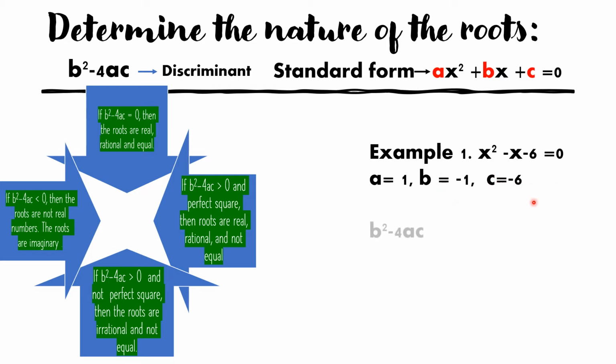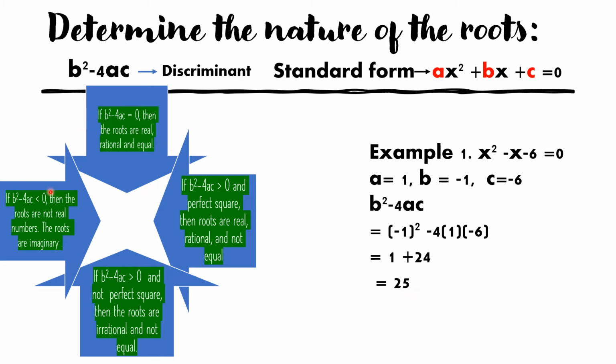Then substitute that in the discriminant, b squared minus 4ac. So for b, that is negative 1 squared minus 4, a is 1, and c is negative 6. Then simplify. This is 1 plus 24, and that is equal to 25. So 25 is a perfect square.